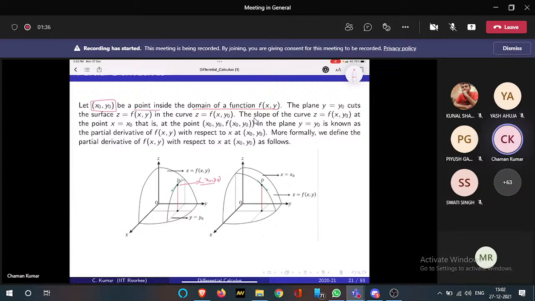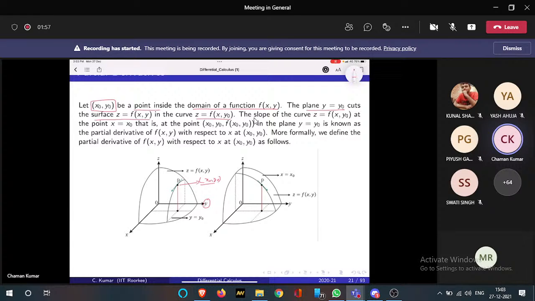So if I take y is equal to y naught, this plane will cut the surface, which is z is equal to f(x, y), in the curve z is equal to f(x, y naught). So you can see that we have the y-axis here and the x-axis.